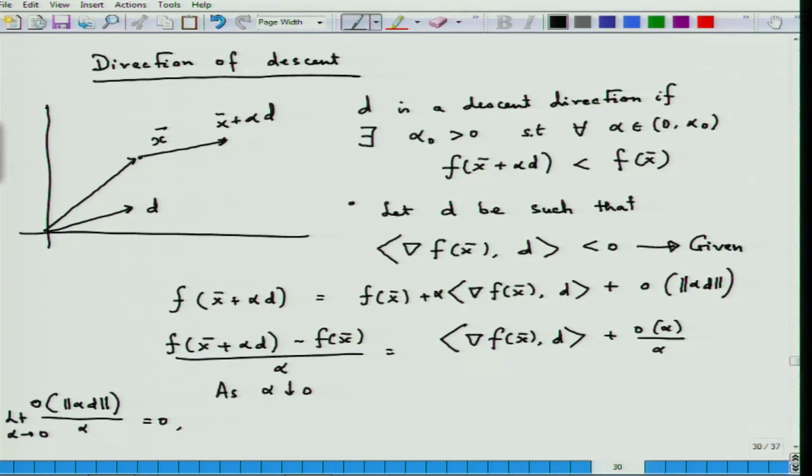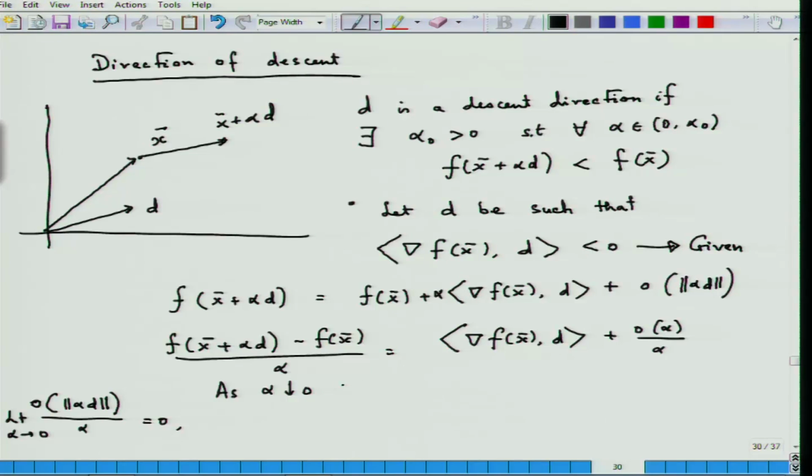So, this quantity becomes smaller and smaller, whether negative or positive does not matter. If it is negative and going towards 0, then this sum total would also be negative for some alpha after a certain point. Even if it is positive, this negative will start dominating, because this will become very small and the negative will dominate.